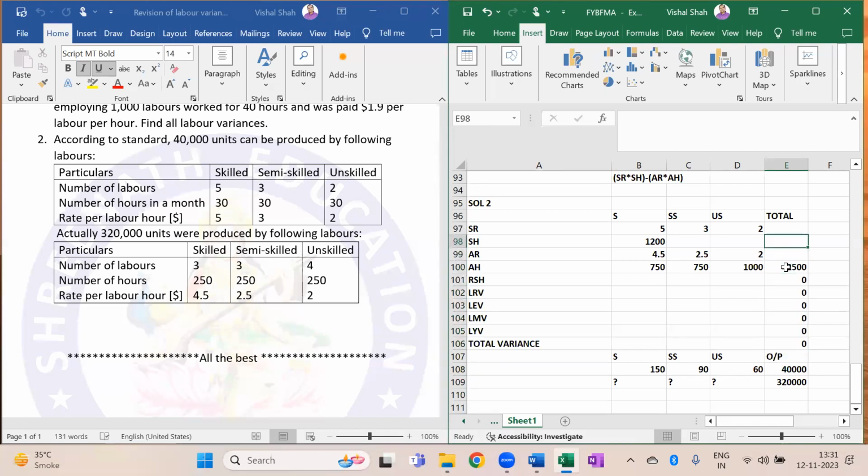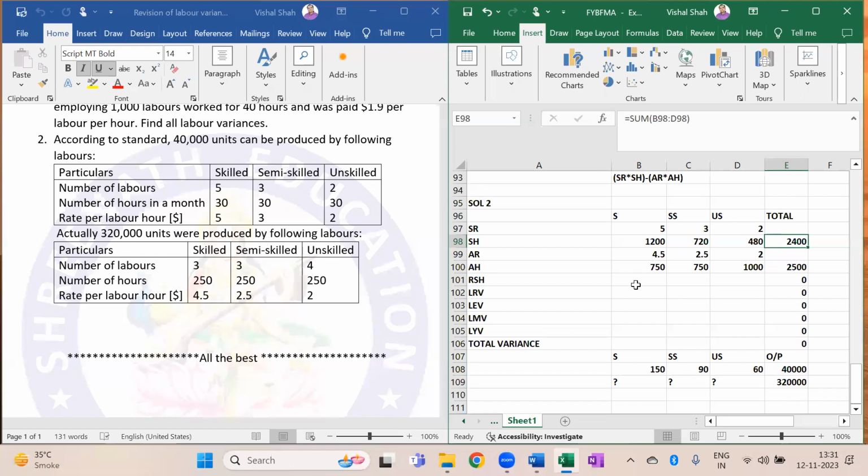Then how much? 720 and 480. Is it correct? Yes. And 2,400.